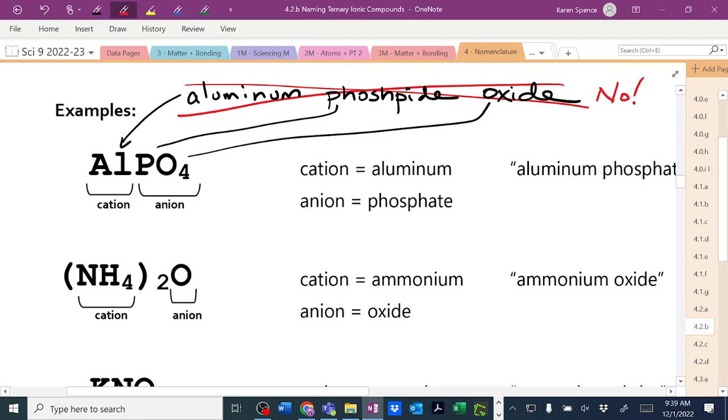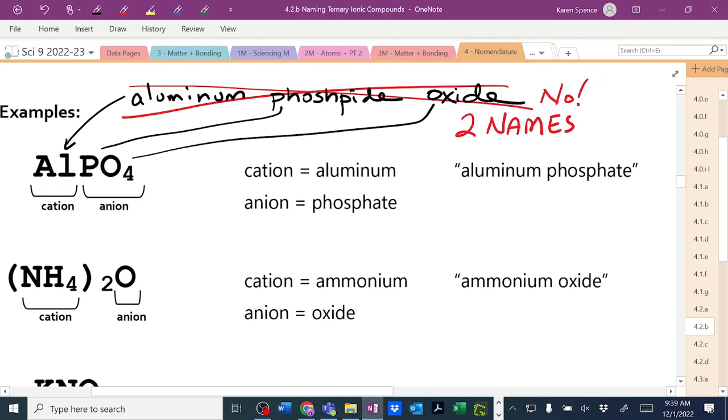You do not name each individual element. These are ionic compounds. There should be one cation and one anion. So you're only going to have two names only. The only exception is if your ion is hydrogen carbonate, then you can have a hydrogen carbonate. We'll talk about that in a bit.